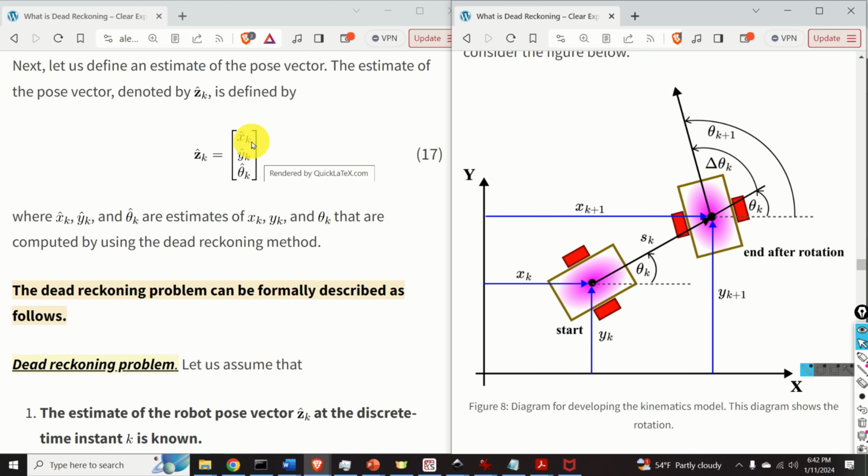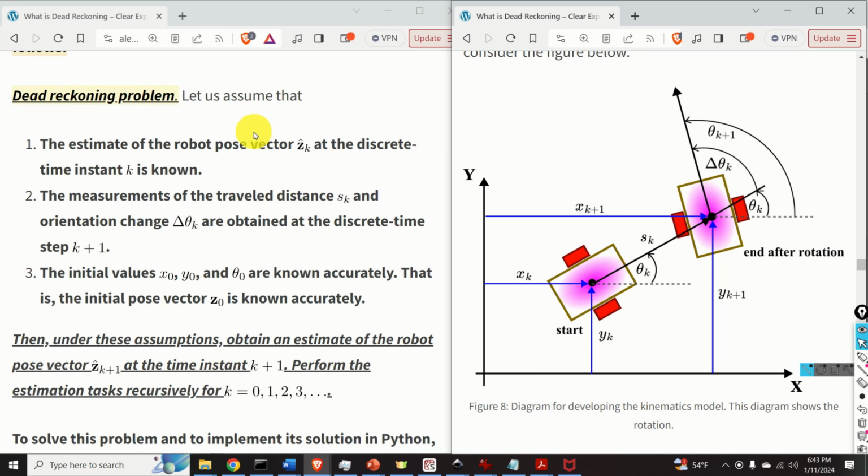It consists of xk hat, yk hat, and θk hat. xk hat, yk hat, and θk hat are estimates of xk, yk, and θk that are computed by using the dead reckoning method.